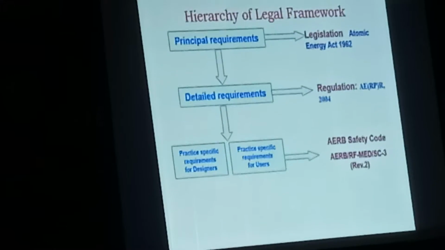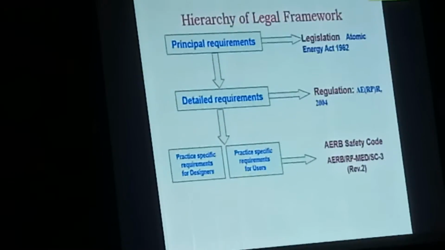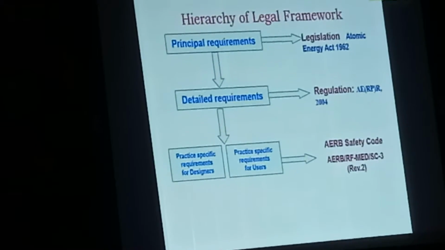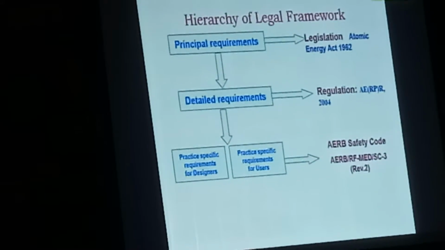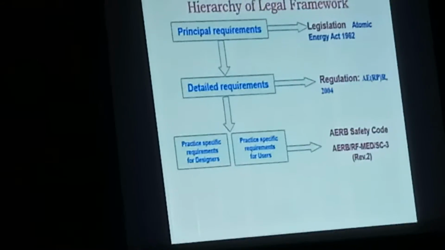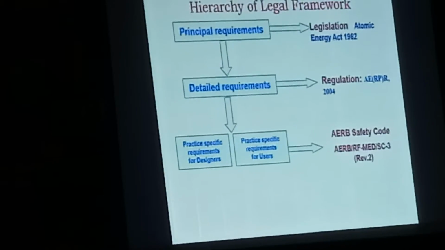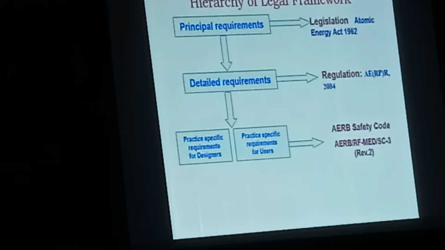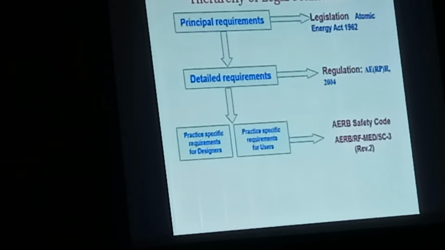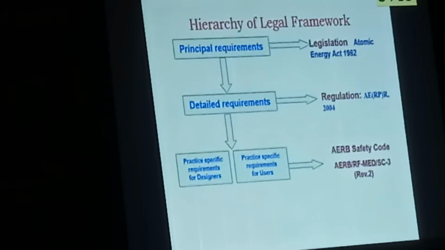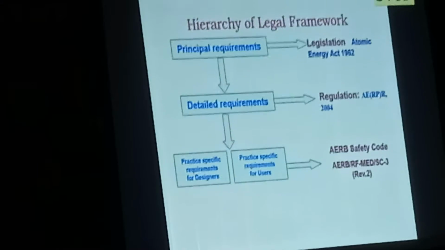So if we see the hierarchy of the legal framework, one is principal requirements, which are talked about in the Atomic Energy Act 1962. Under these, detailed requirements are there. So rules are basically framed under the Act. One is the Atomic Energy Radiation Protection Rules, which talks about the appointment of a radiological safety officer, and the roles and responsibilities of employer, licensee, radiation workers and so on. It covers when we will call it a license, authorization, registration, consent, all those things.